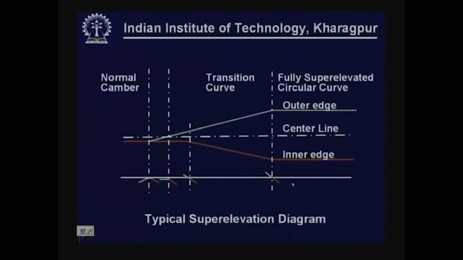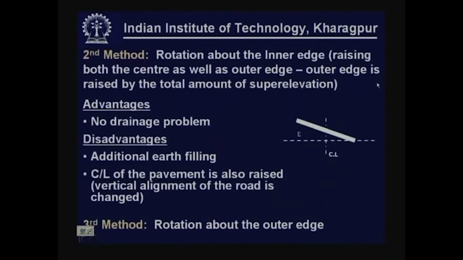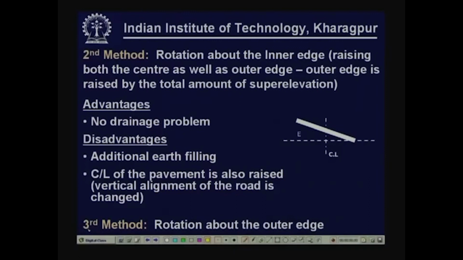Let us look at the sketch. So, maybe in the earlier case, after the first stage, it was maybe like this. Now, we do not change this inner edge. We now rotate the pavement further to have a cross slope like this.